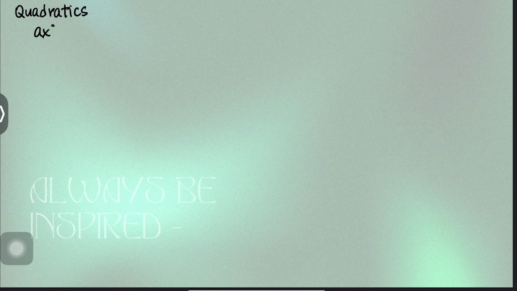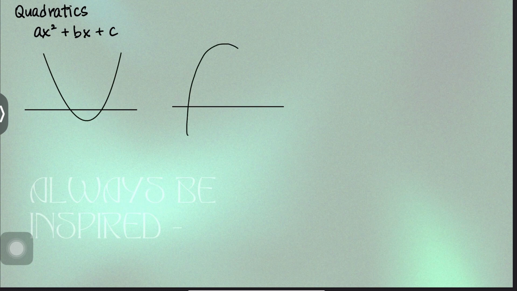Generally speaking, they will give it to you as ax squared plus bx plus c in the exams. The only thing this particular form tells you is pretty much how the graph is shaped. So you have two scenarios; this particular shape is called a parabola.